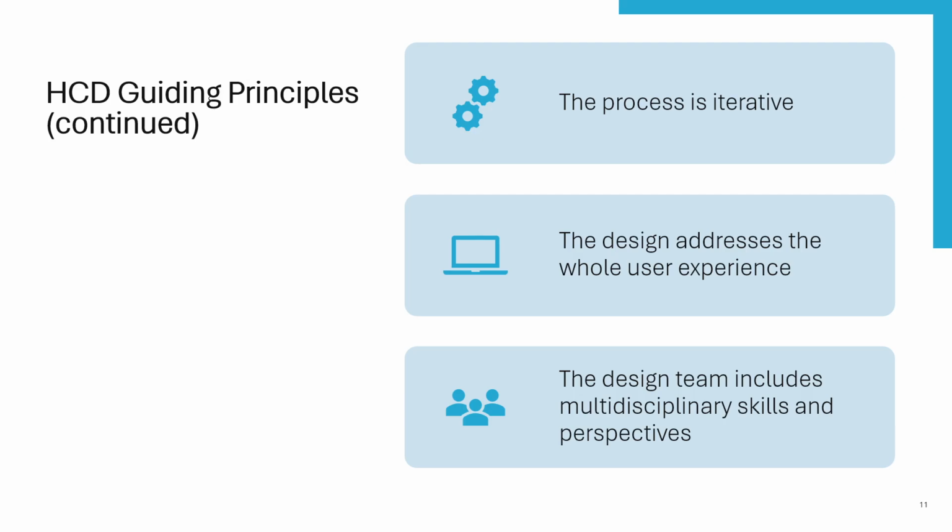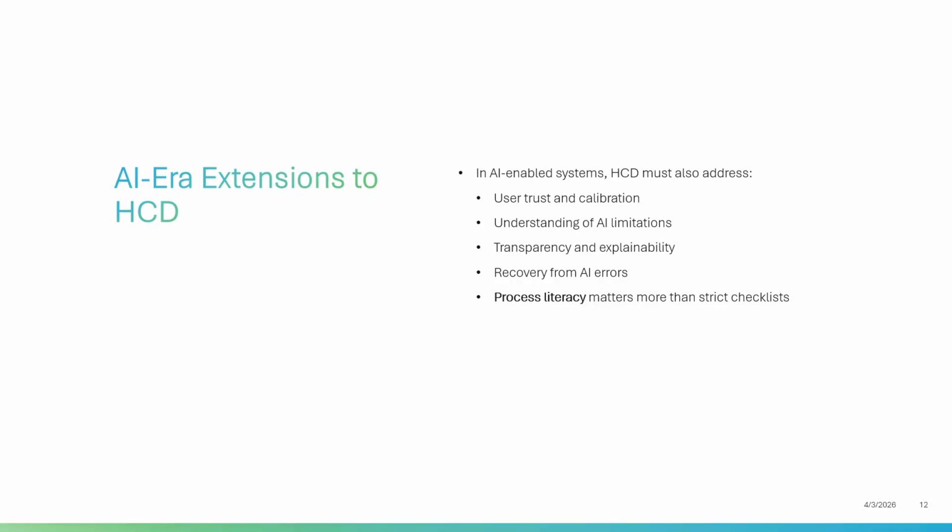And the design needs to address the whole user experience, from the intention to interact with the system all the way to the outcomes and the follow-up. And as I mentioned, this design team includes multidisciplinary skills and perspectives, but part of that team is going to be the user. Then human-centered design in the era of artificial intelligence needs some extensions.